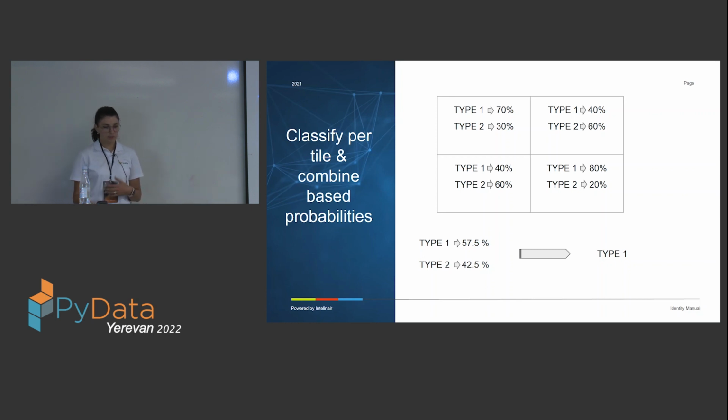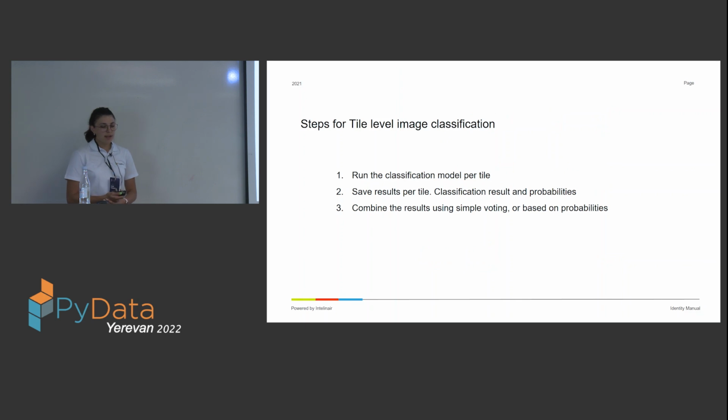So this solves our problem for classification and combining the results at tile level. To summarize, we just run the same classification model on separate tiles, save the results and the probabilities of each class per tile, and then average out the probabilities to take the maximum one.